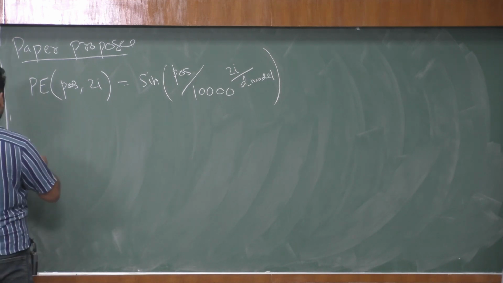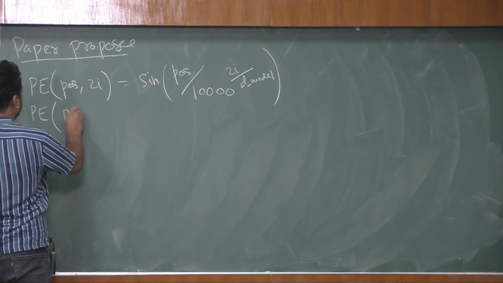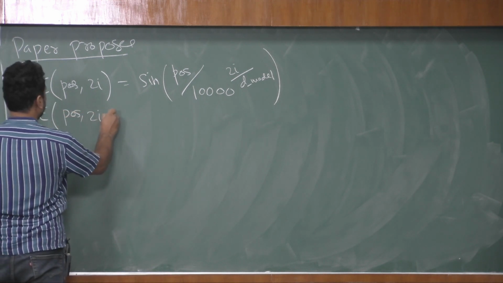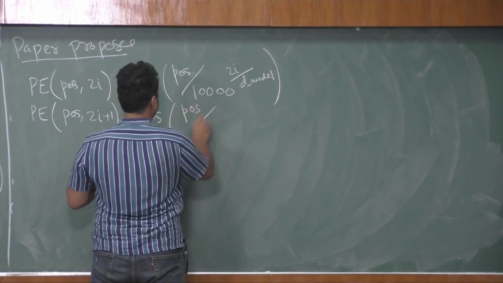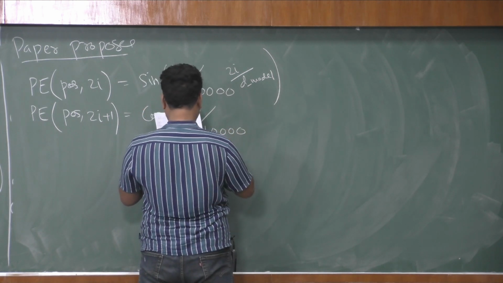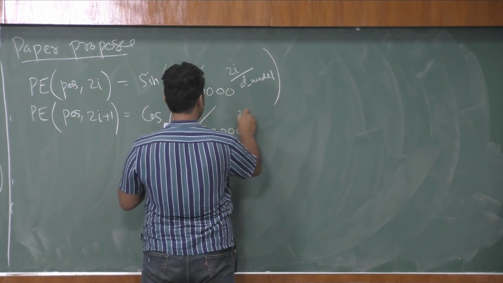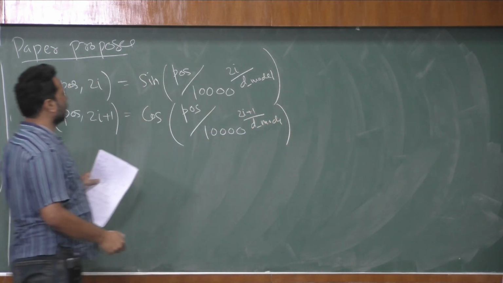So that's called D model, and then PE of (POS, 2I plus 1) is cosine of POS divided by 10000 to the power 2I plus 1 divided by D model.